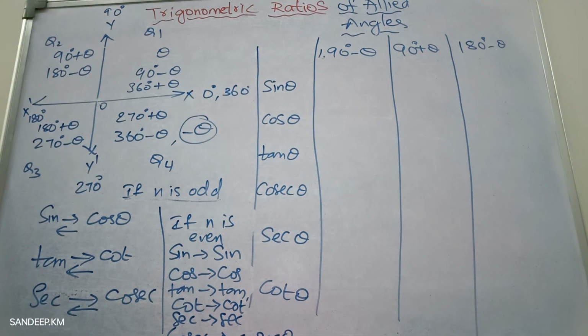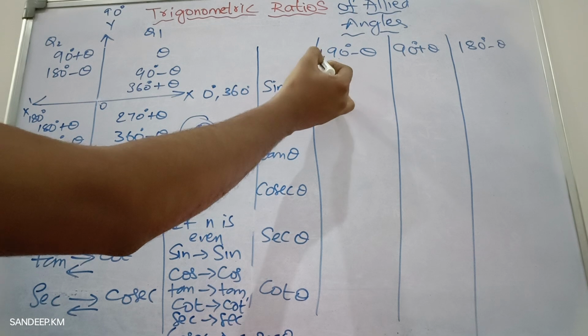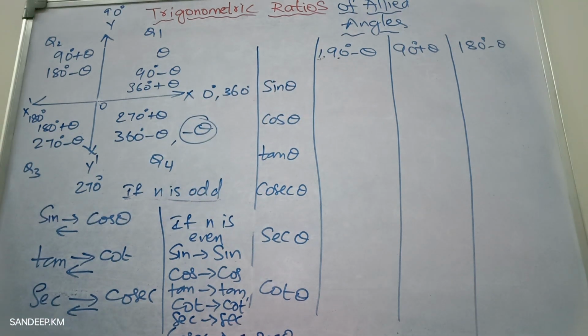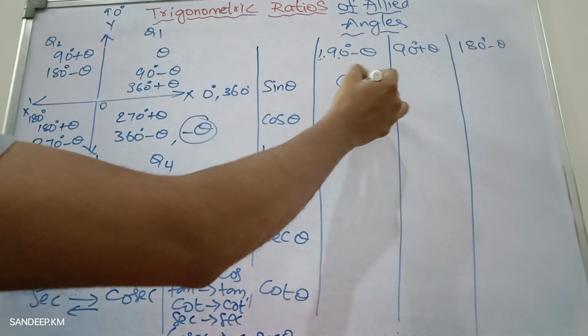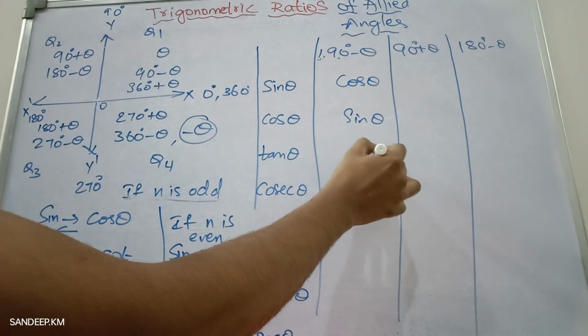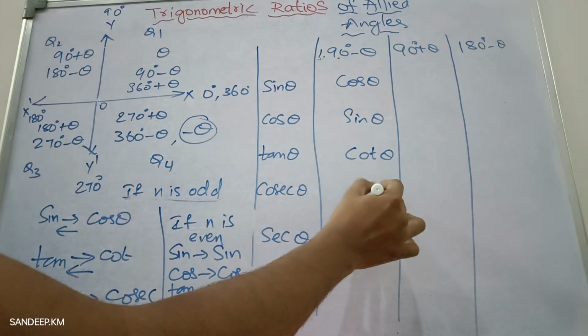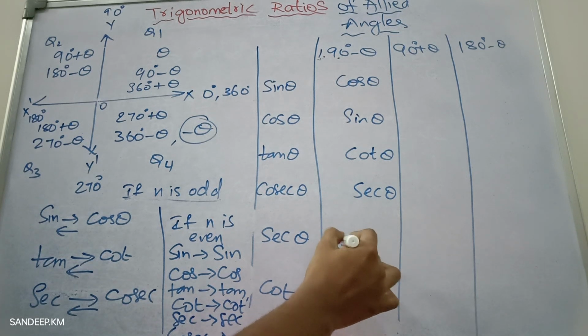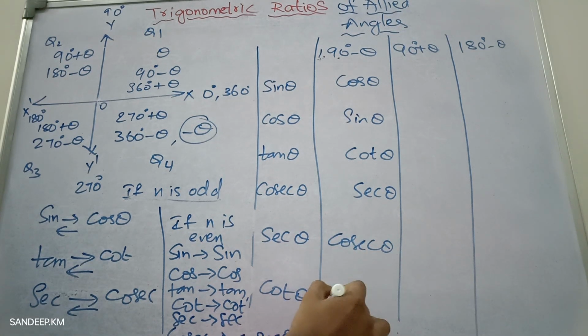Now, since it is an odd multiple of 90, 1 into 90, and 1 is an odd number, sin theta becomes cos theta, cos theta becomes sin theta, tan theta becomes cot theta, cosec theta becomes sec theta, sec theta becomes cosec theta, and cot theta becomes tan theta according to this conversion.